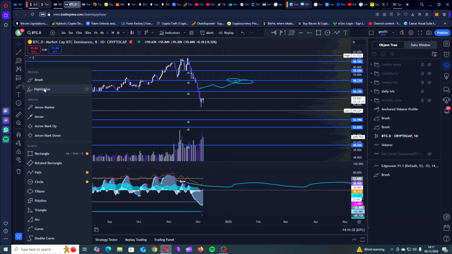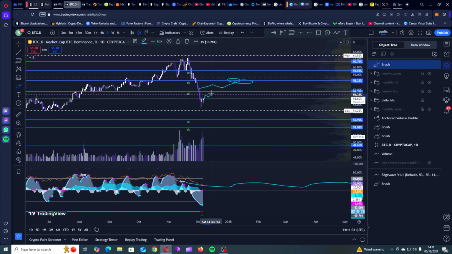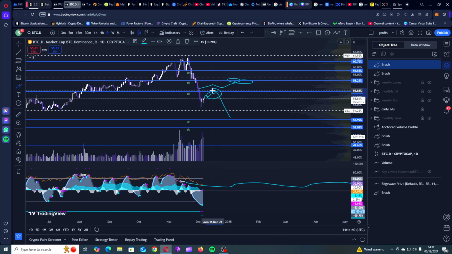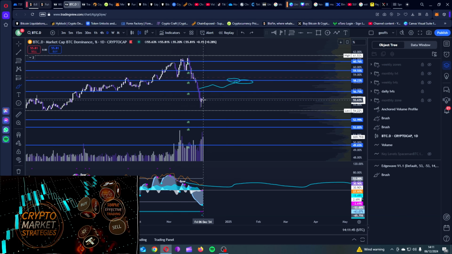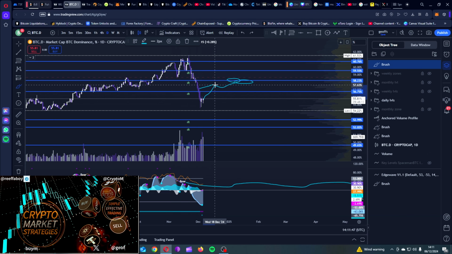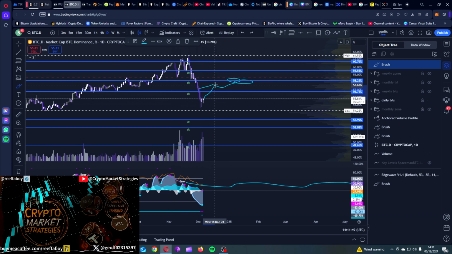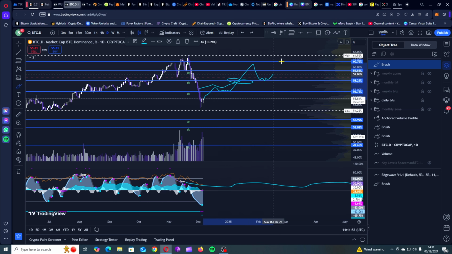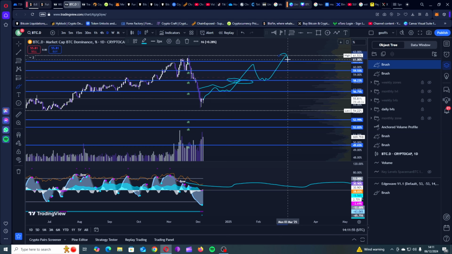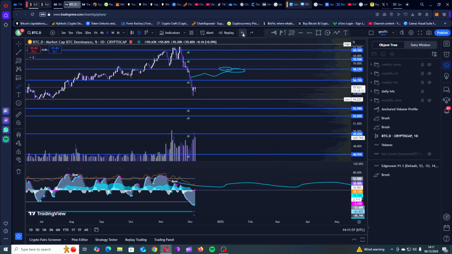We want to see a big rejection here like this. That's what we want to see for altcoins to rally. If we get the other effect and we get a massive push up through it, and then a retest and another massive push up through it, we're looking at something like that. So altcoins will get smashed again.